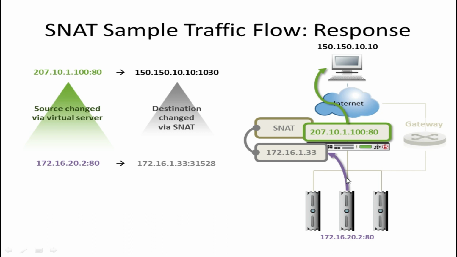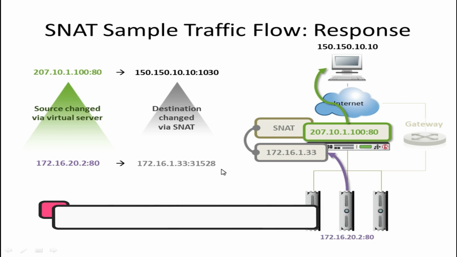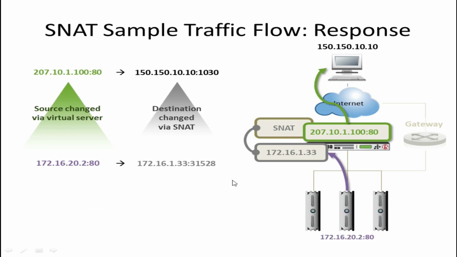So you can see the destination is changed via SNAT, and the source is changed via the virtual server. And when your PC is getting this result, it is not even aware whether some device is in between or not. It will get the result as if it is directly pinging or directly accessing the server. So that is how SNAT comes into the picture and resolves such kinds of issues.